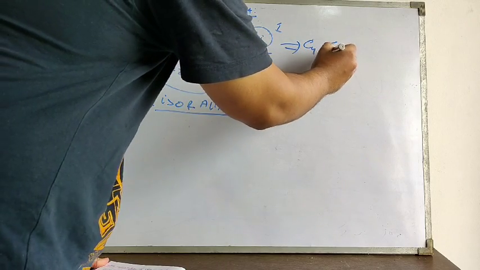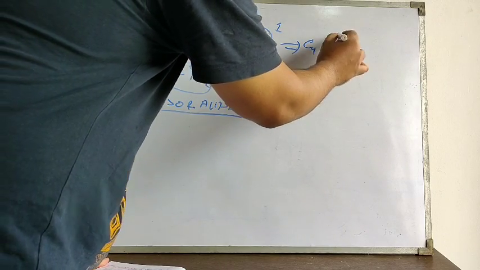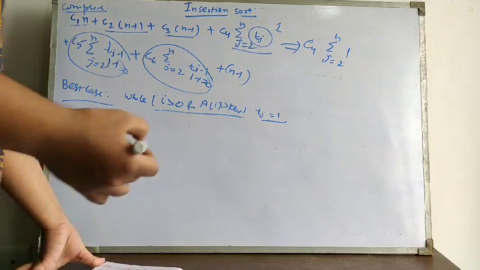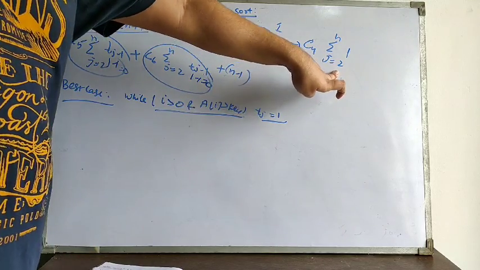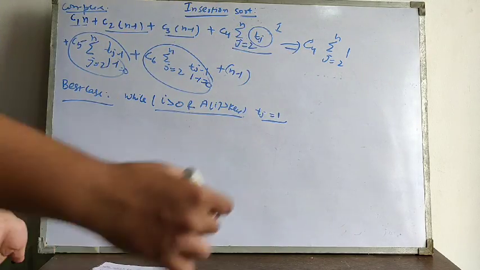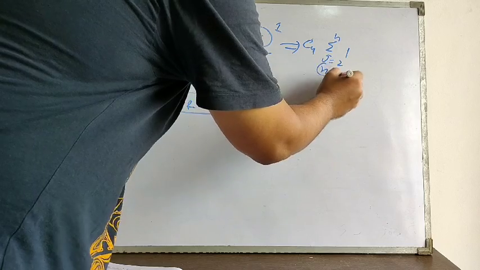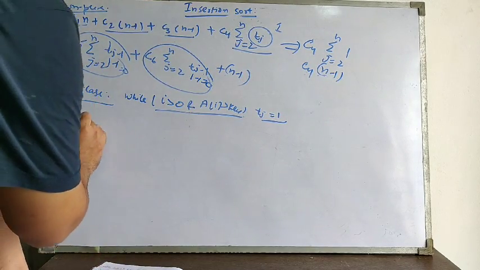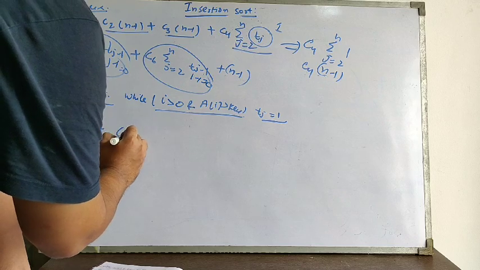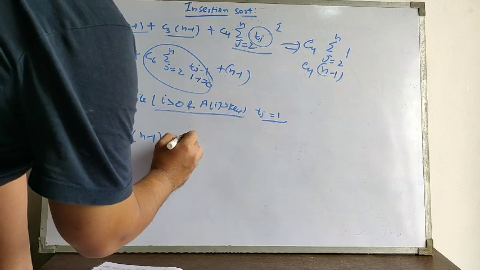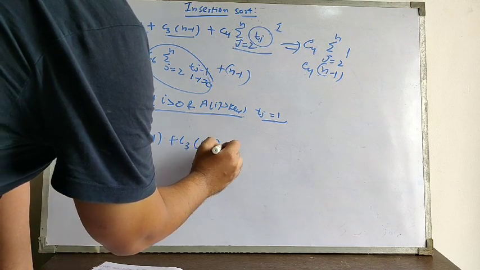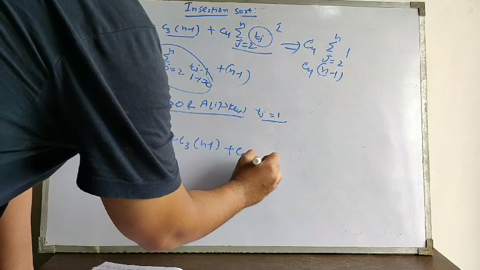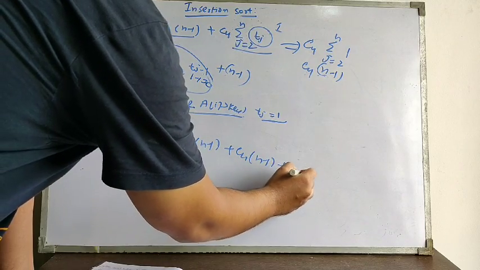This will be C4, j equal to 2 to n of 1. If I sum up 1 from 2 to n, this will be n minus 1. This will be C4(n minus 1). So the remaining terms will be C1n, C2(n minus 1), C3(n minus 1), plus C4(n minus 1), plus the last term with n minus 1.